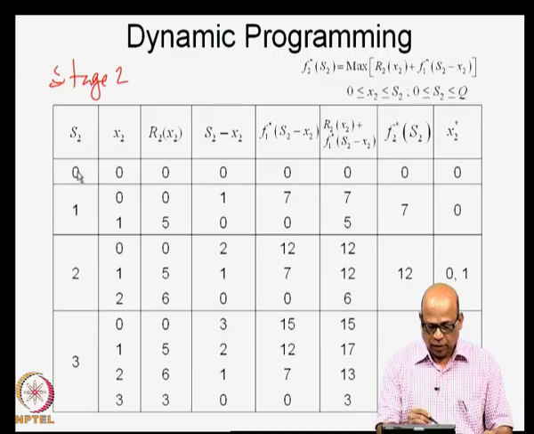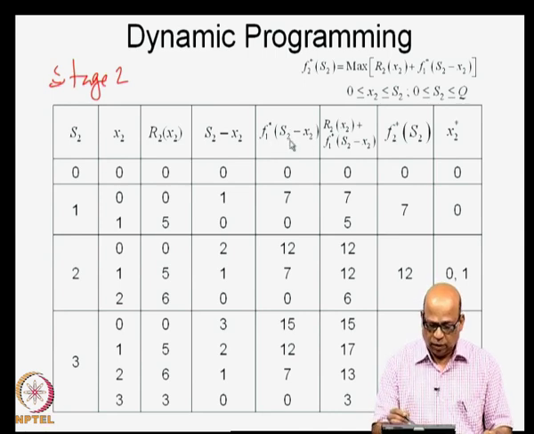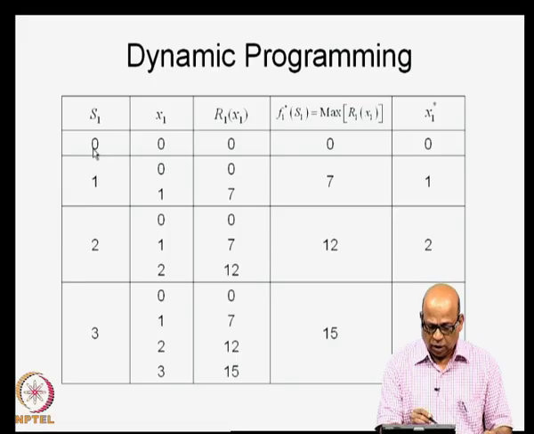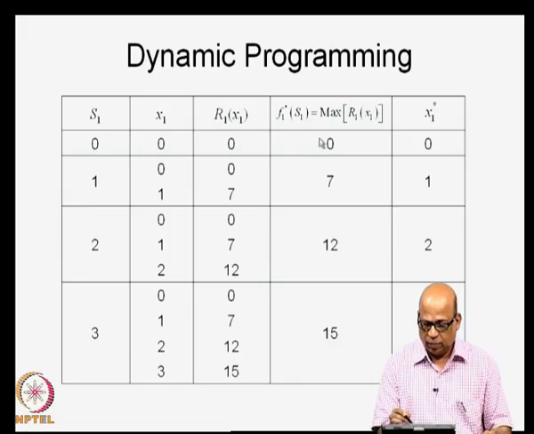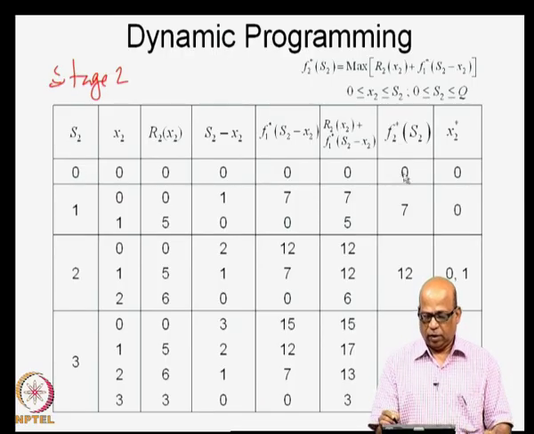And then S2 minus x2, so 0 minus 0, that is again 0, and F1 star corresponding to S2 minus x2. This is picked up from the previous stage calculations. In the previous stage calculations, corresponding to S1 equal to 0, F1 star of S1 is 0. So, we pick up 0 there. This is 0, and in the case of 0, everything becomes 0. So, it says that if 0 is available, allocate 0 and you get a maximum return of 0.